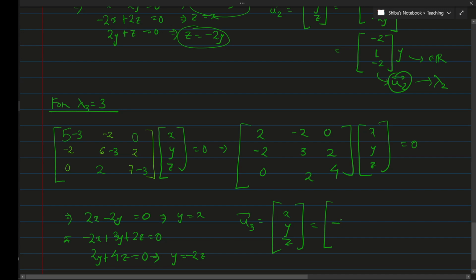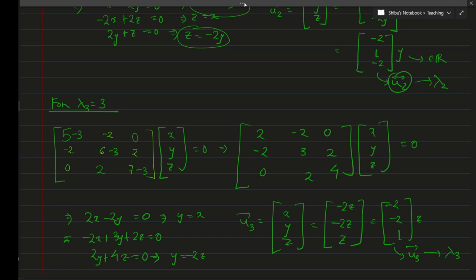So y is equal to minus 2z, z is z, and x is equal to y, so it will also be minus 2z. So u3 is equal to minus 2, minus 2, 1, times z. So this is our third eigenvector corresponding to lambda 3.